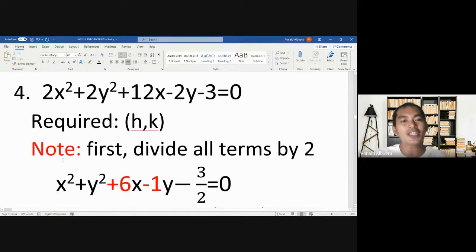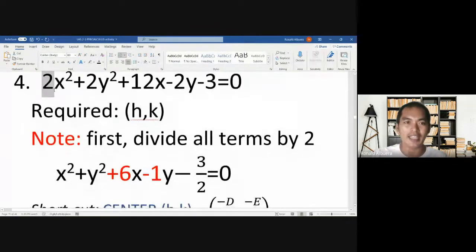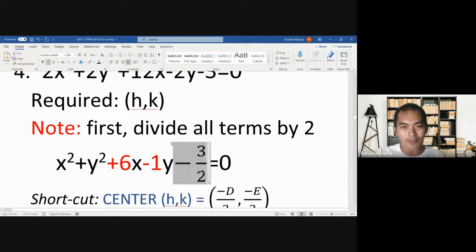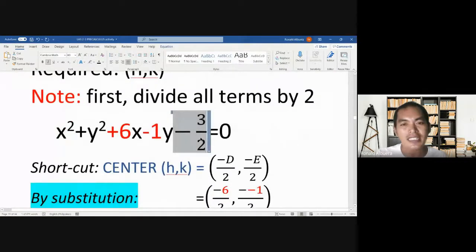So your first step is to divide all the terms by 2, which is the coefficient of x squared, to make it 1. So 2x squared divided by 2 is x squared, 2y squared divided by 2 is y squared, 12x divided by 2 is 6x, negative 2y divided by 2 is negative y, and negative 3 divided by 2 is negative 1.5 or negative 3 halves. Just write your answer in fraction provided that the fraction is in lowest terms.